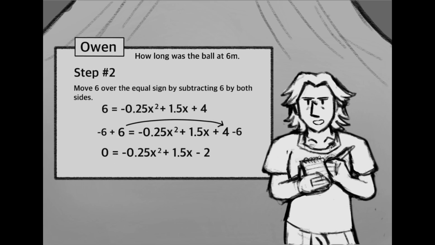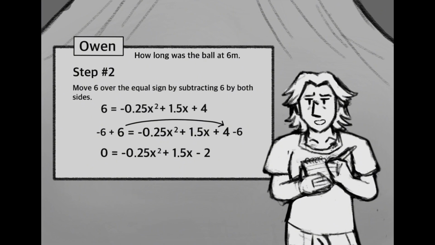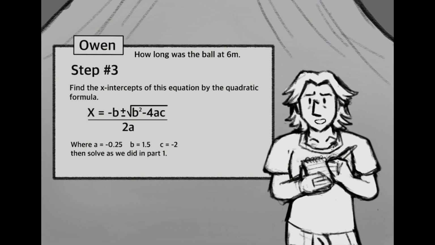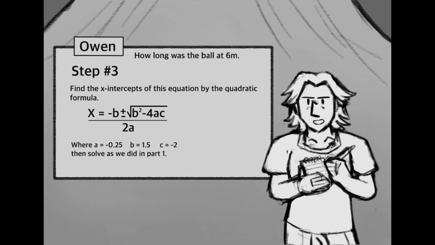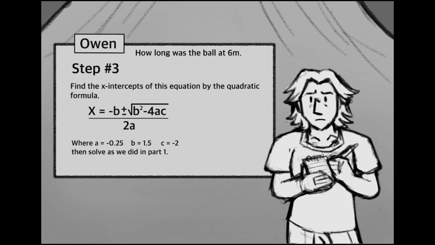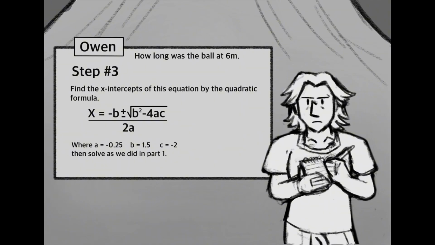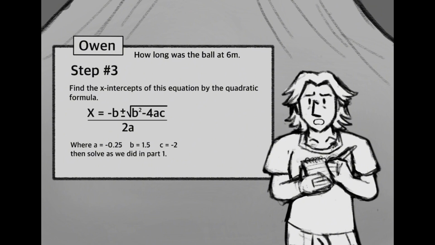Step 2. Move 6 over the equal sign by subtracting 6 from both sides. Step 3. Find the x-intercepts of this equation by the quadratic formula. x equals negative b plus or minus the square root of b squared minus 4ac over 2a, where a equals negative 0.25, b equals 1.5, and c equals negative 2.